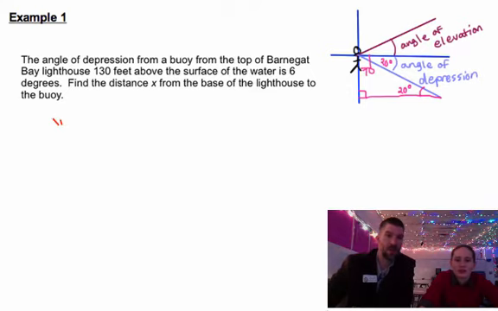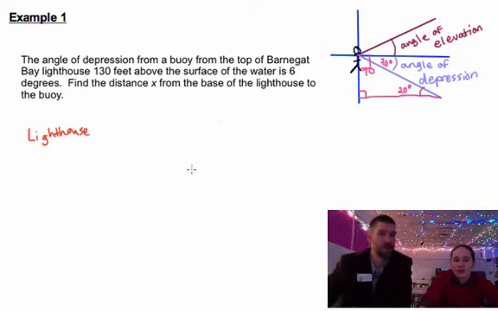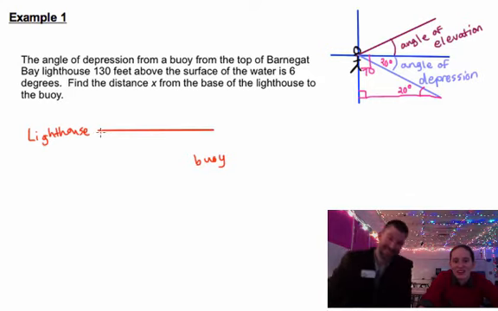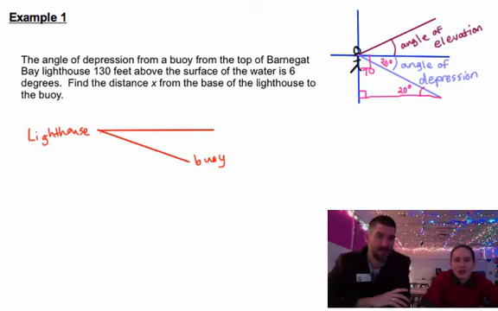So let's go from lighthouse to buoy. The angle of depression from the top of the Barnegat Bay Lighthouse to a buoy. The lighthouse looks out, and then we've got an angle of depression right there. Yes, okay.